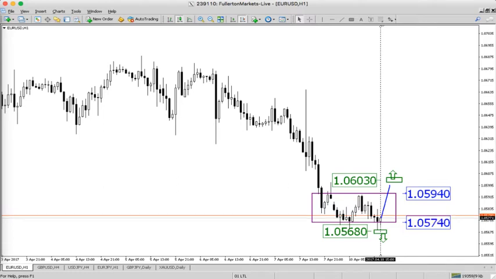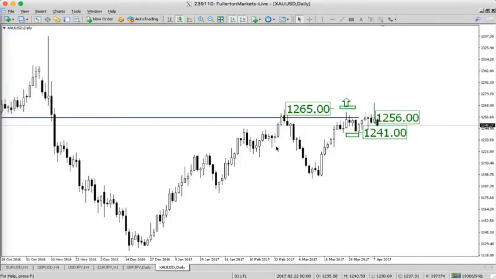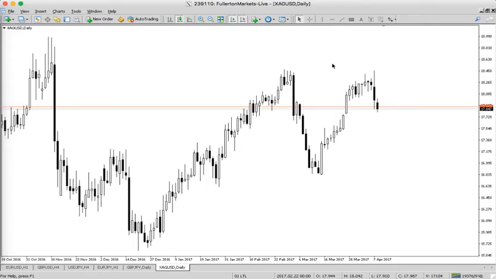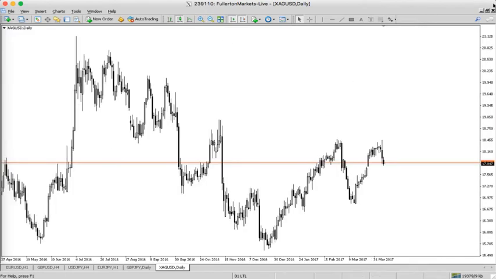The next suggestion is silver. Silver daily chart. Okay, let's look at silver daily. What you see over here is the silver daily chart.